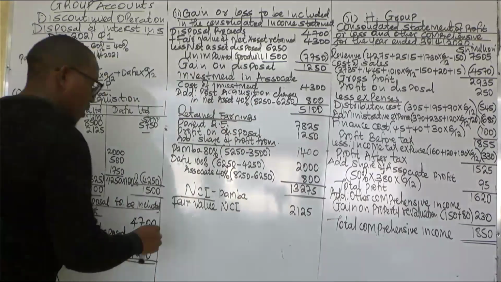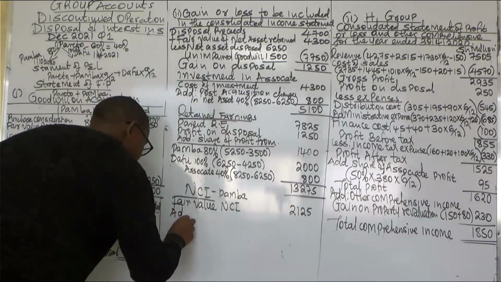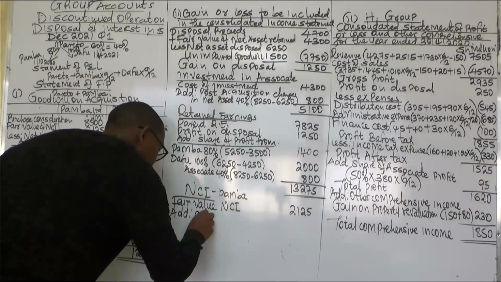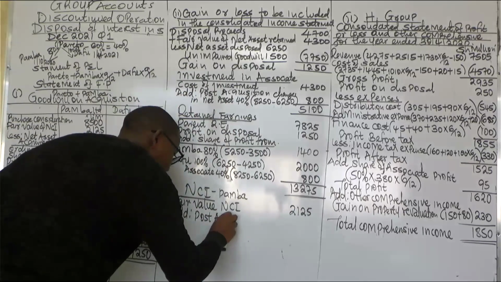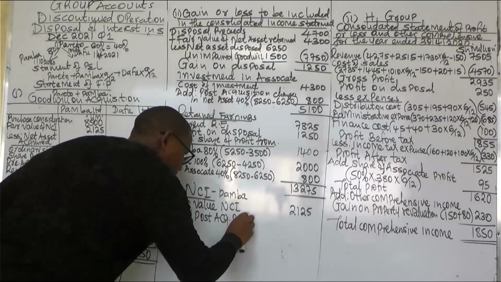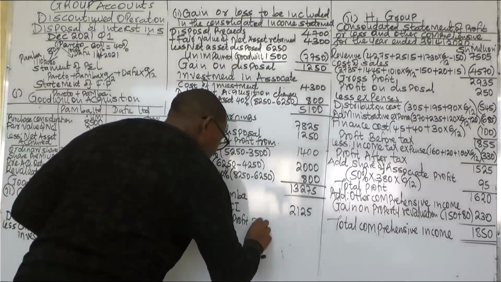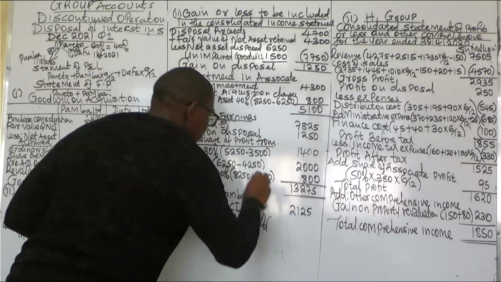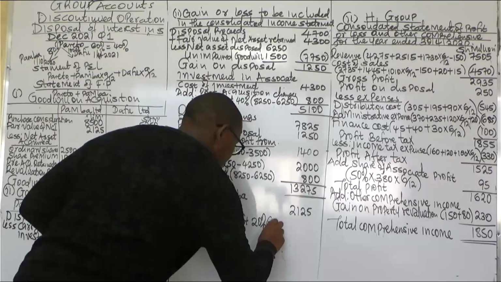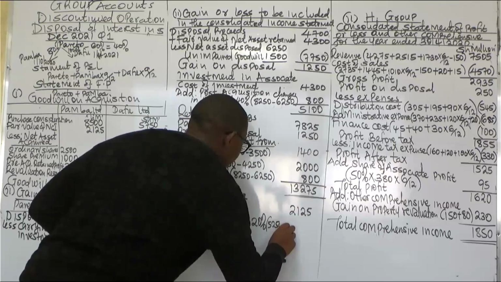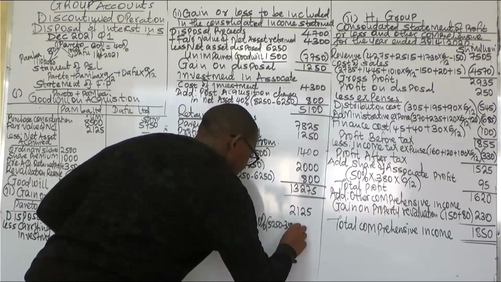So I will add the post-acquisition profits. We are saying this is now the 20% that went to them. 20% of how much? 5250 minus 3500.